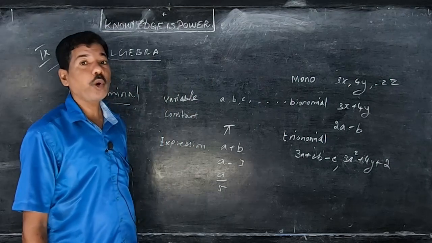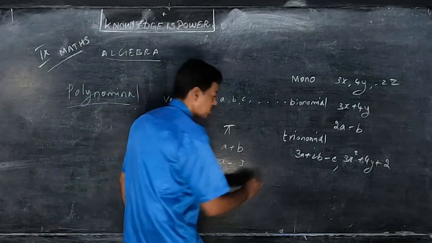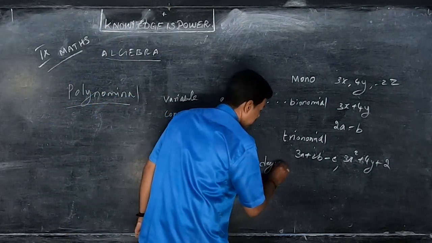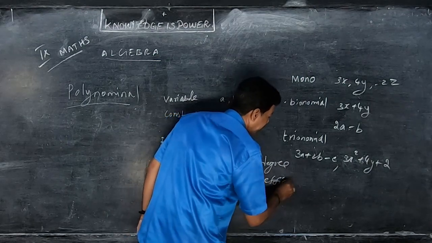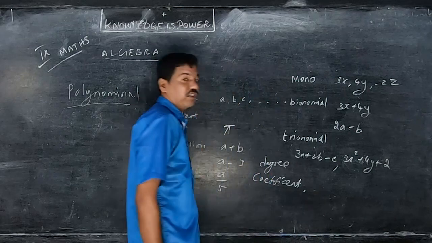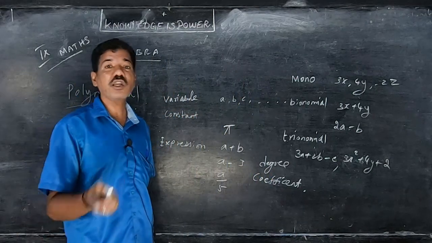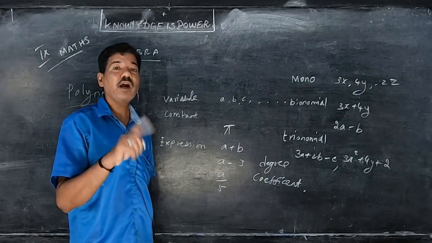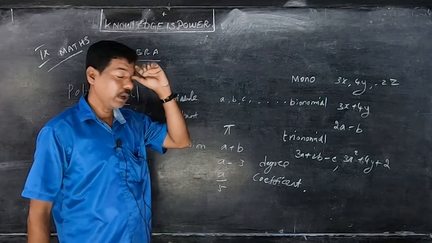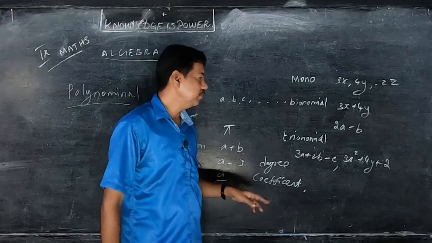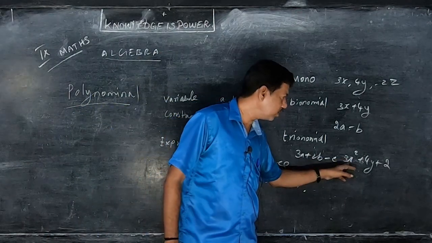ஓகே, அடுத்தது coefficient. What is the meaning of coefficient? அவங்க என்ன கொஸ்டின் கேட்குறாங்களோ அதுக்கு முன்னாடி பக்கத்தில் என்ன இருக்கோ அதுதான் coefficient. For example, see the coefficient of y.